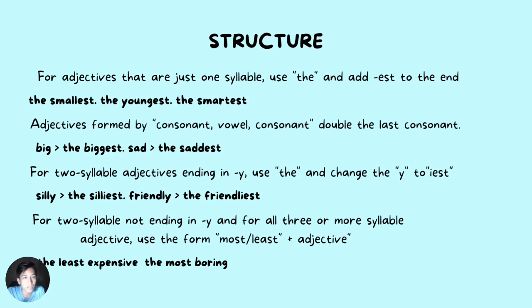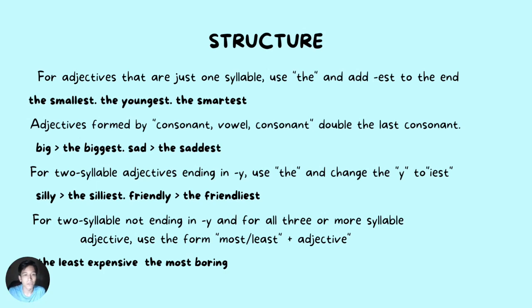For adjectives which are formed by consonant, vowel, consonant, we only double the last consonant: the biggest, the saddest. And for those two syllable adjectives ending in y, we use the at the beginning and change the y to iest: the silliest, the friendliest.